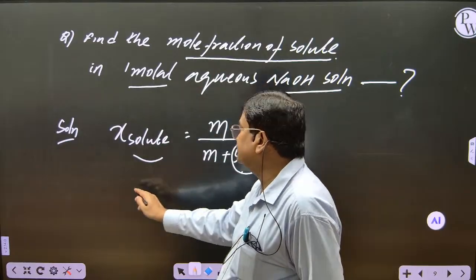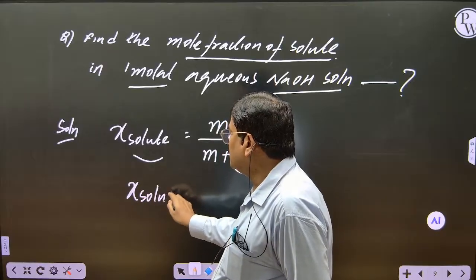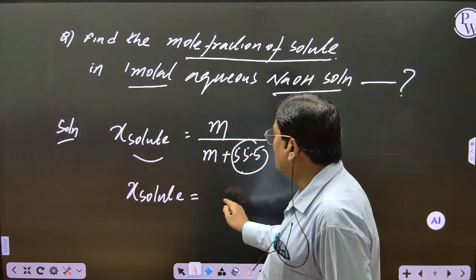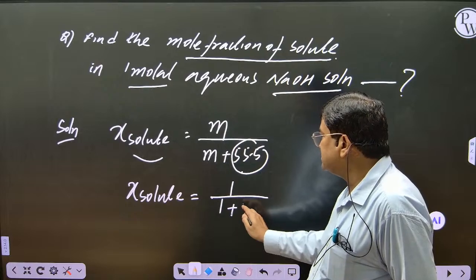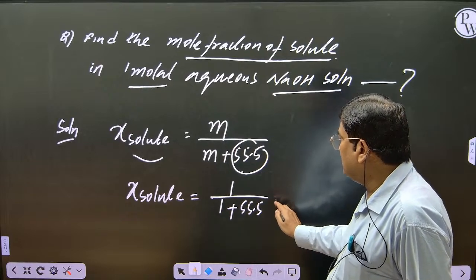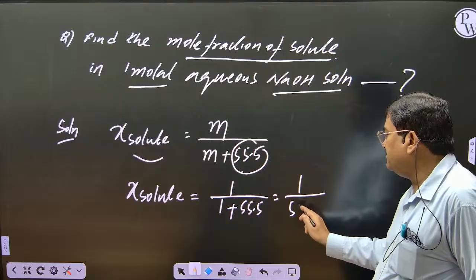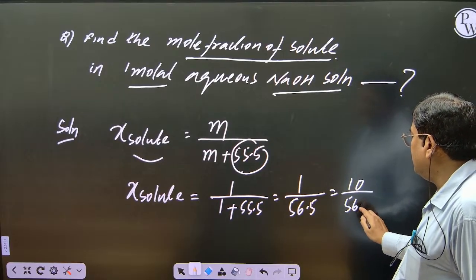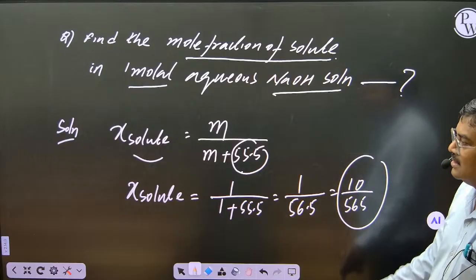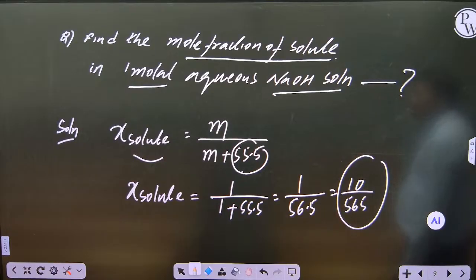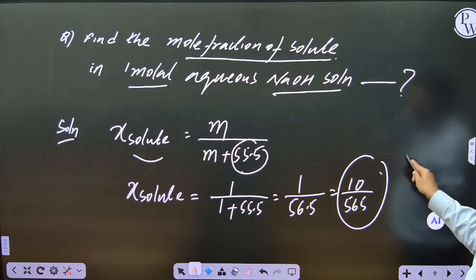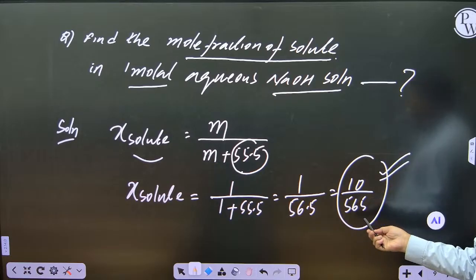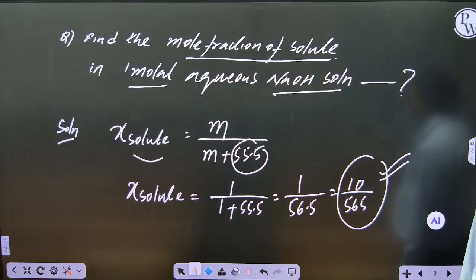Molality is given as 1. Getting the idea, all of you? So for mole fraction of solute, in place of m, what should I take? 1. 1 plus 55.5. That comes to how much, students? 1 by 56.5. Or can I write this as 10 upon 565? So if the option 10 upon 565 is given, you can opt for that, or you have to simplify this. Simplify 10 upon 565 and check how much you are getting. So this has been asked in the exam.